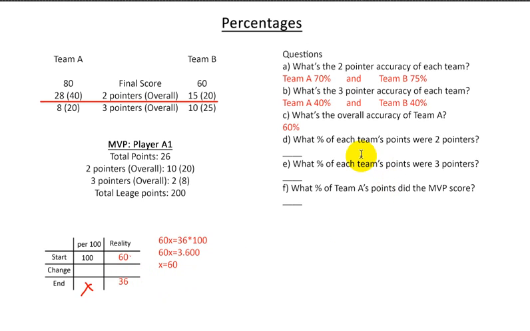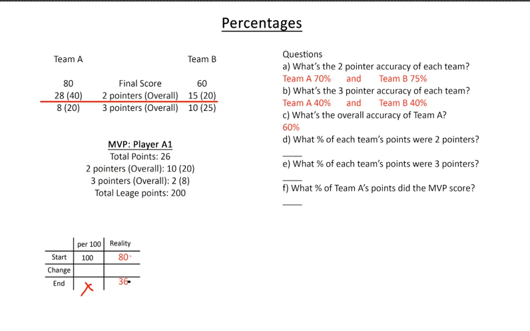So let's start with Team A. Team A got how many of their points? Their total points here, 80. So we can write that in immediately. Let's erase this as well. How many points did they get from 2-pointers? Well, they scored 28.